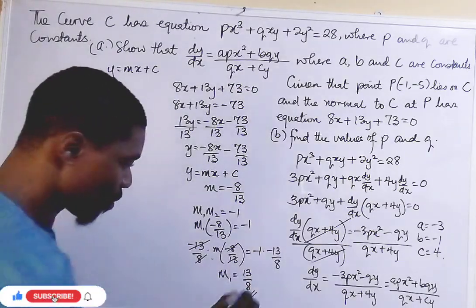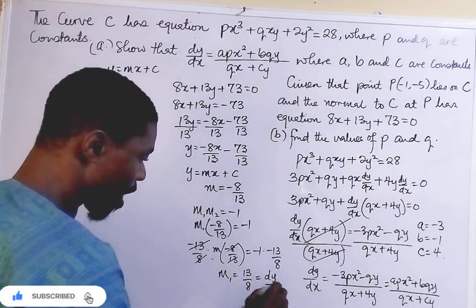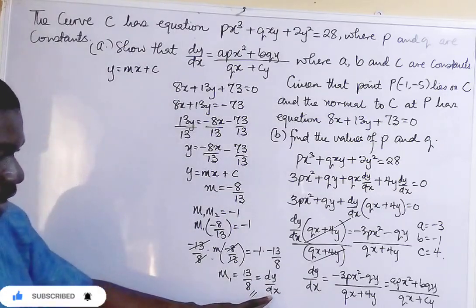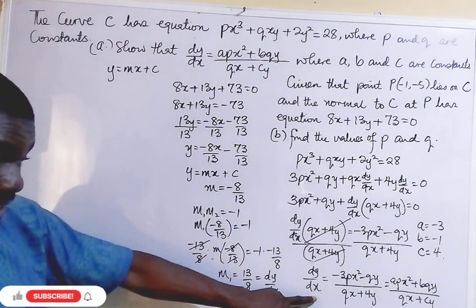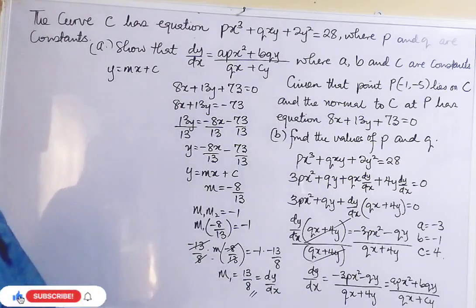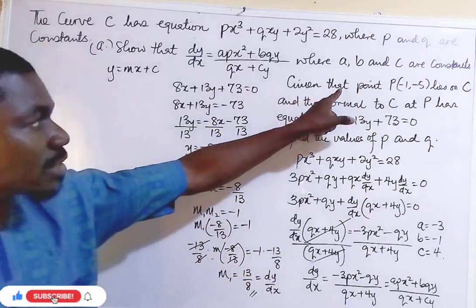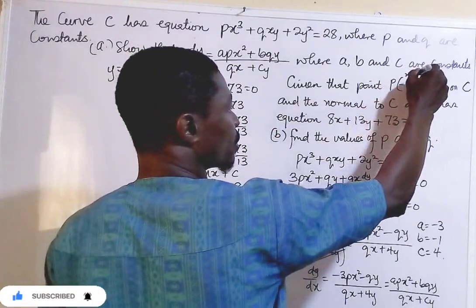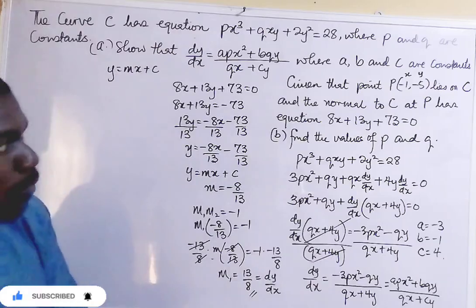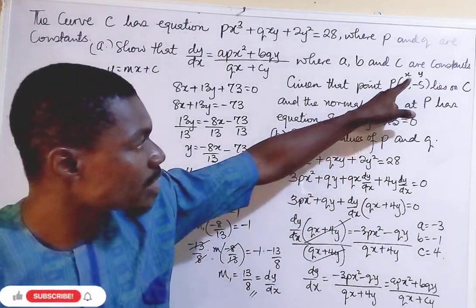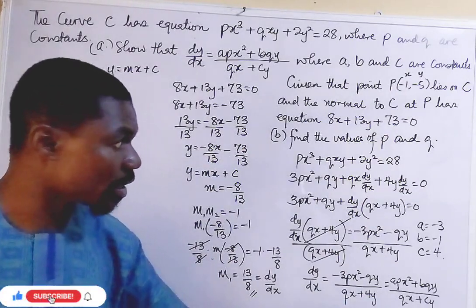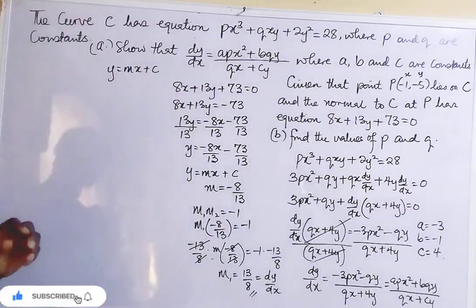Which is now equal to dy over dx. Now that we have dy over dx, we then plug in. Take note that the given point P is x and y. Now we have to plug in the value of x and y into this equation here. Let us come over here and start doing that.